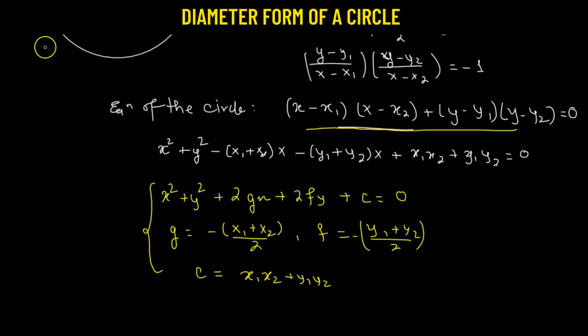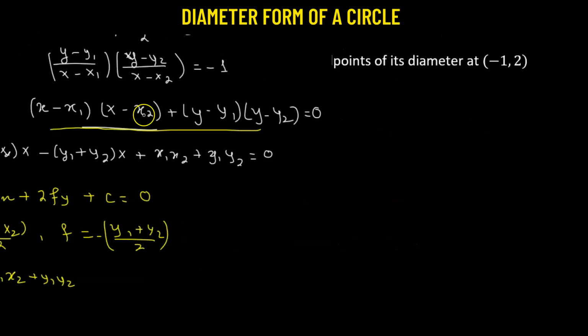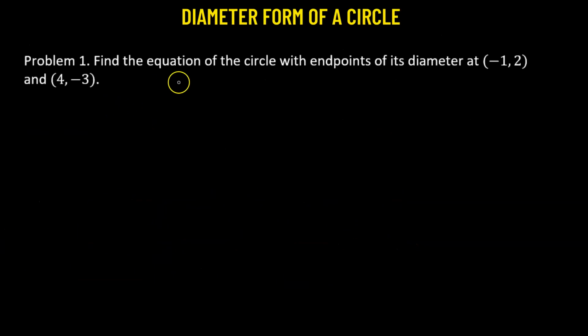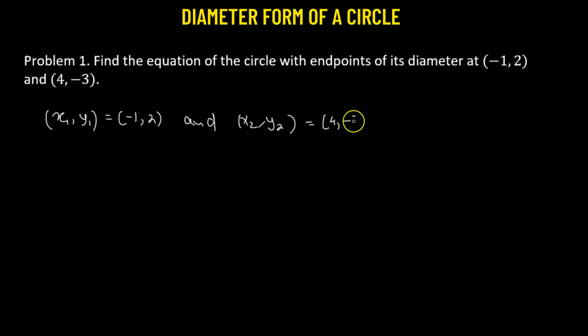Let's try to understand this with the help of a few problems. Problem number 1. Here we need to determine the equation of the circle whose endpoints of the diameter are given to us. So here, let's say x1, y1 corresponds to the point -1, 2, and x2, y2 corresponds to the point 4, -3.